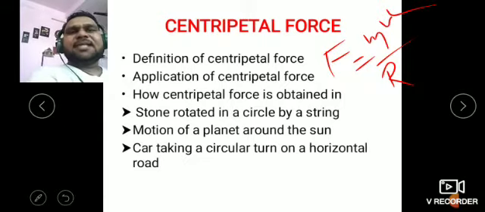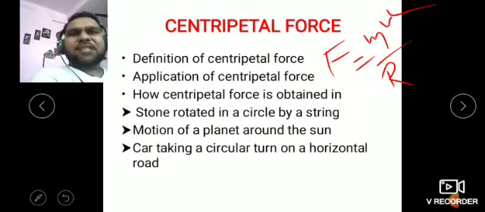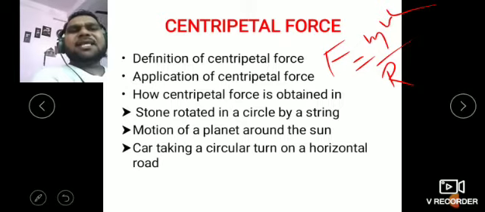Second example, motion of a planet around the sun. Whenever a planet is moving around the sun, the gravitational force of attraction between the planet and the sun will provide the necessary centripetal force. Third example is a car taking a circular turn on a horizontal road.